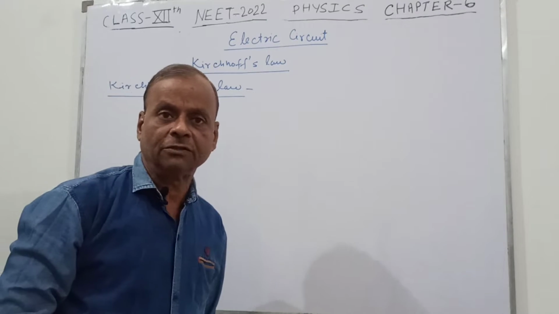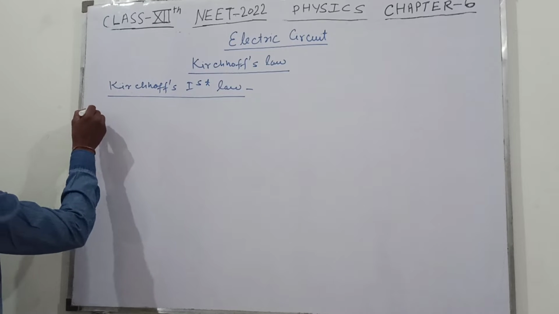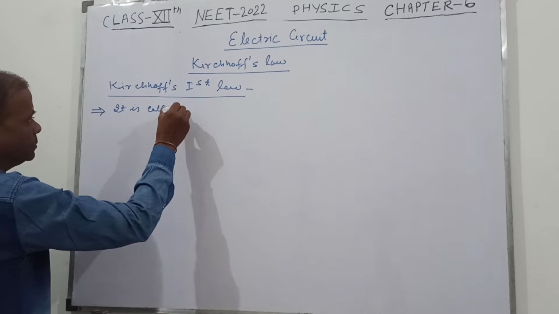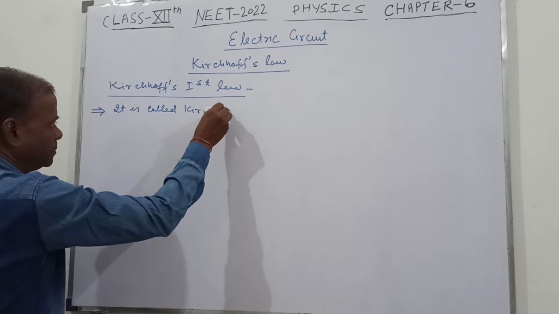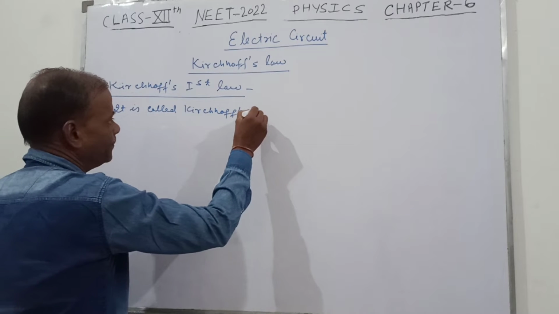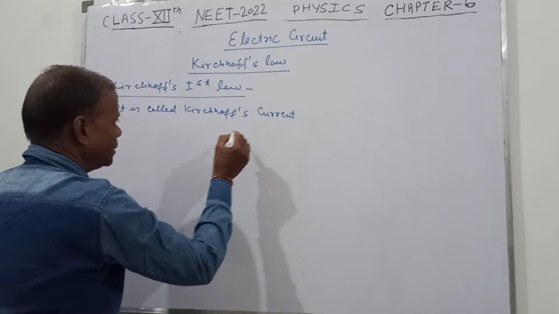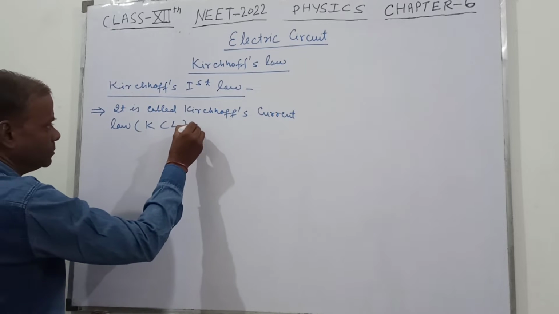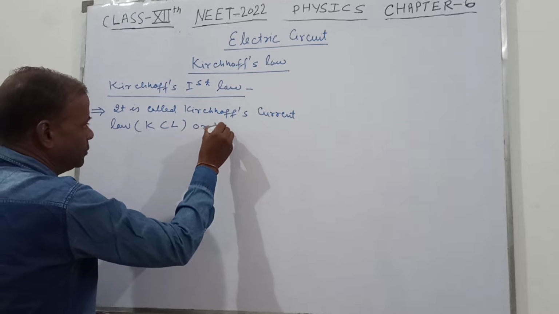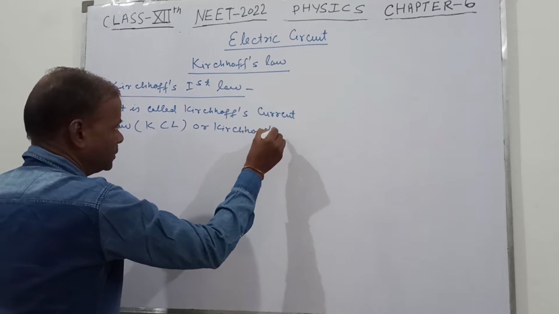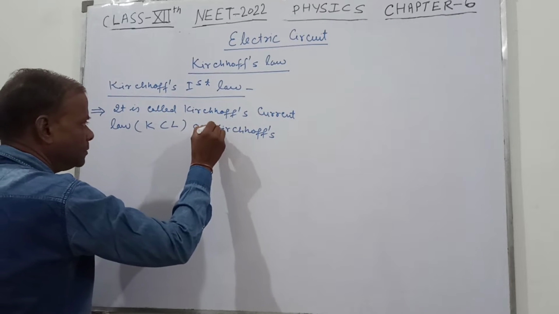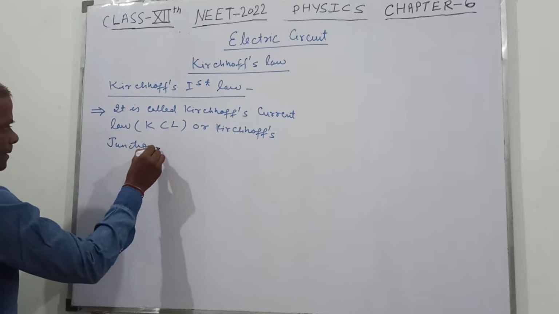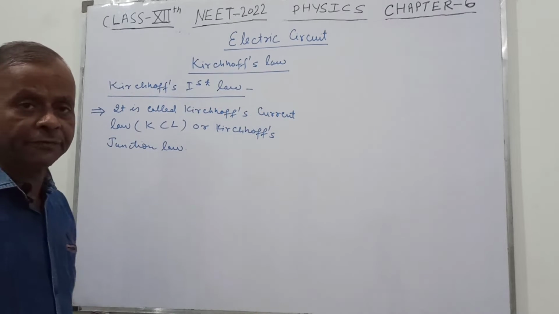Now this first law is also called Kirchhoff's current law, in short KCL, or Kirchhoff's junction law. These are the other two names which are given to this first law.